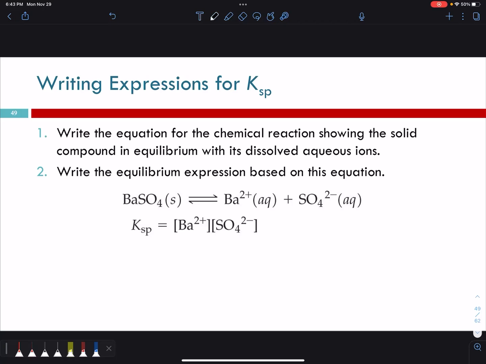Because we would have the concentration of the barium sulfate, but it's a solid, so we leave that out. So Ksp is a special case of equilibrium constants, where your one reactant is a solid, and you're quantifying how much of it dissolves.